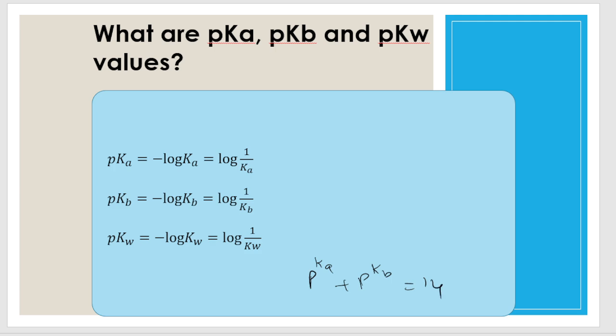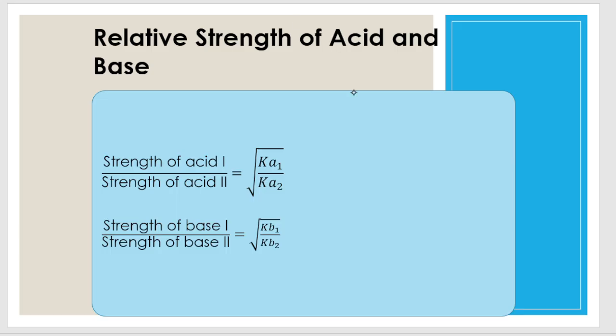Anyhow, we came to know a new formula here, that is pKa plus pKb is equal to 14, right? Next, if we consider two acids and their dissociation constants are Ka1 and Ka2, how do we compare their acidic strength? Let us see. Let the degree of dissociation be alpha 1 for the first acid and alpha 2 for the second acid.